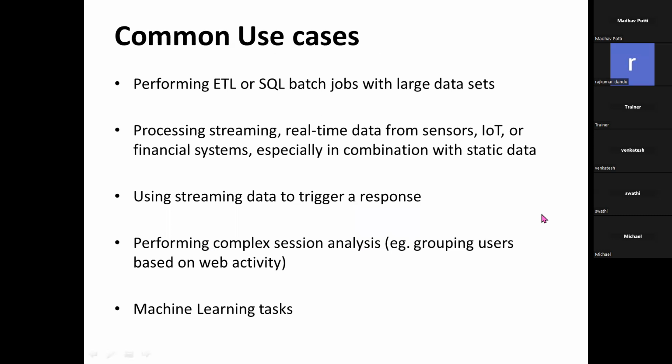Some of the common use cases we touched upon at a high level yesterday, and I was giving the example of Jio Cinema and Zee5. Using streaming data, it's processing real time data.